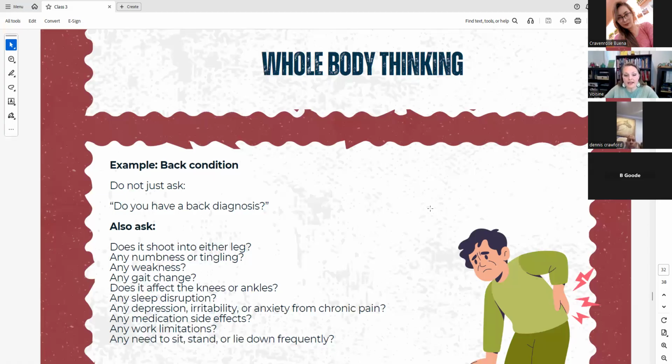It's very, very bad, and it affected everything in his life. When I talked to him about that, he said, I had no idea that all of this could have been secondary to my IBS condition. But when we started talking about all that, it all started making sense. And so that's that whole body thinking.